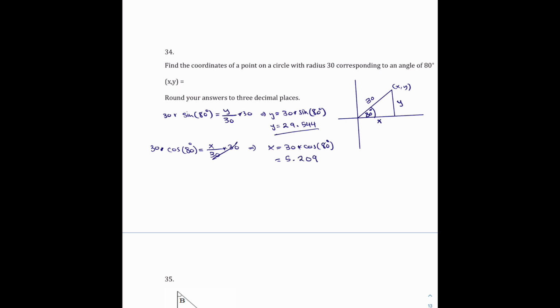So that is the answer for the question. So the 2 points are going to be 5.209 and 29.544.